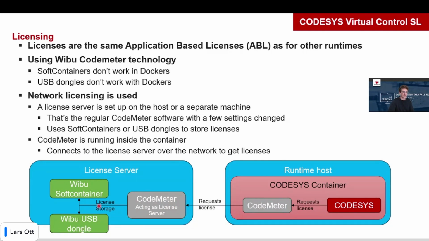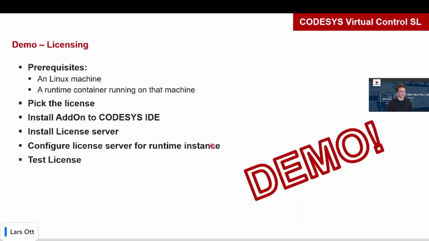It then provides the license back to the CODESYS runtime. This all sounds a little complicated, but we've made it easy to set up, and you can do it with a few clicks. That's what we're going to do in our next little demo here.